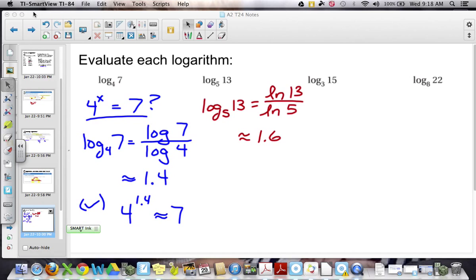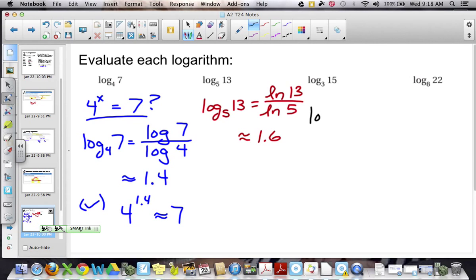Okay, so let's zip through these last two examples really quickly. First one, log base 3 of 15 is going to be log of 15 over log of 3. And this last one will be log of 22 divided by log of 8.